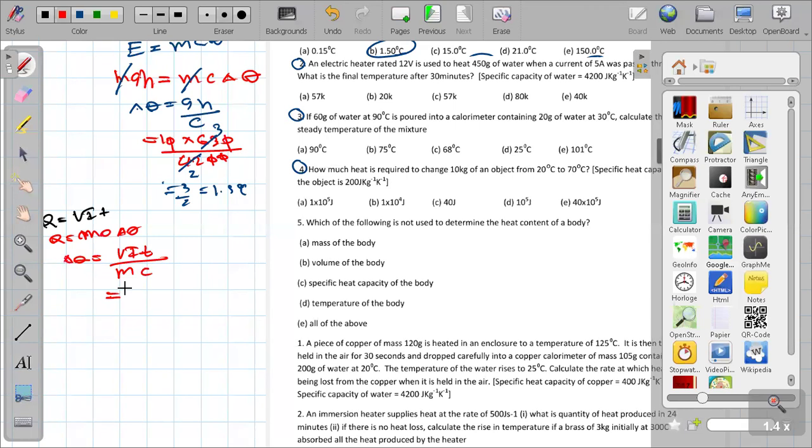V is 12 volt, current is 5, time is 30 by 60, divided by mass, which is 450 into 10 to the power minus 3 kilogram, multiplied by 4200. Okay, 0 0 0 cut, minus 2 is there.